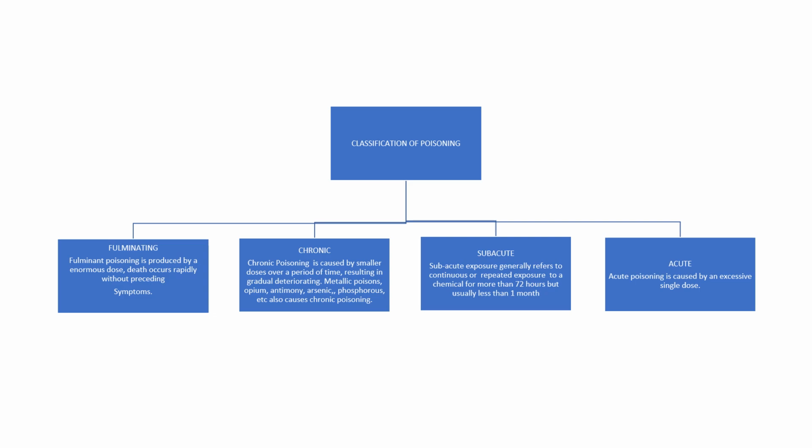In all the others, that is the chronic, subacute, and acute, we get to see some symptoms when the person is exposed to that poison, but in fulminating, death occurs instantly, and the person doesn't get any treatment for recovering from the poison's effect. But in acute, subacute, and chronic, the person may be given some treatment and he or she recovers from that.